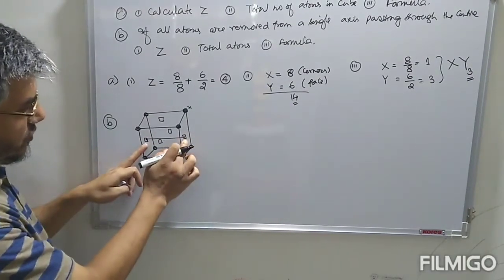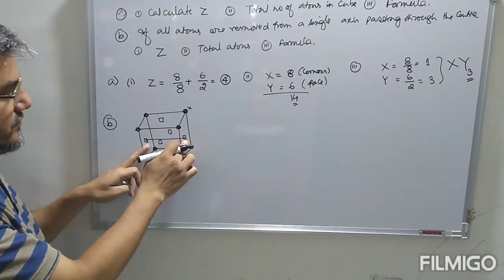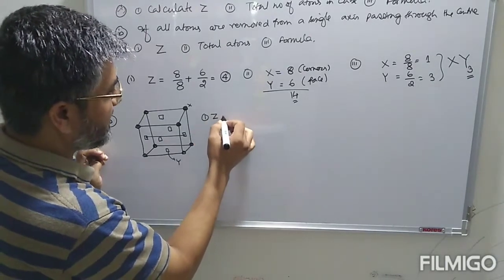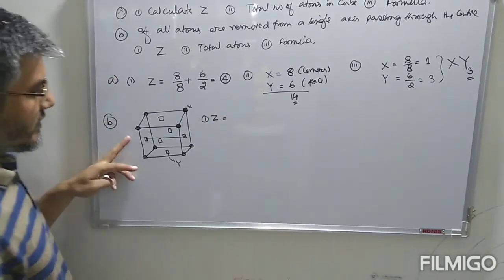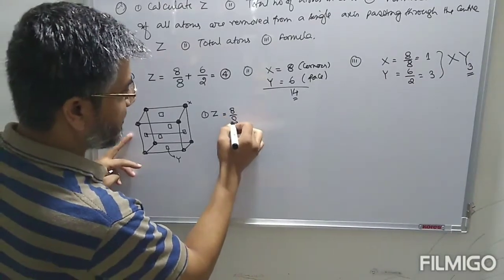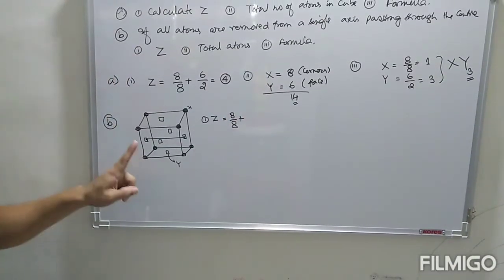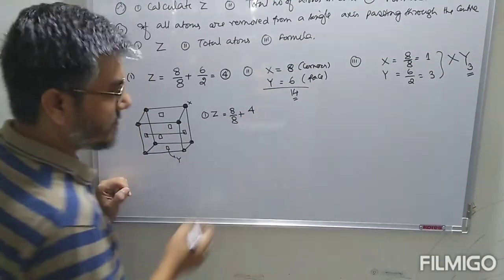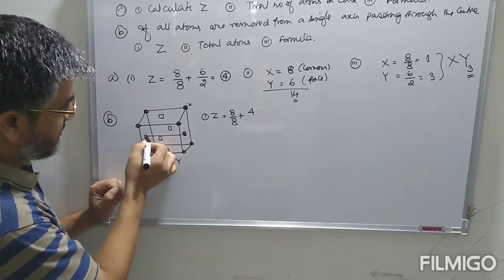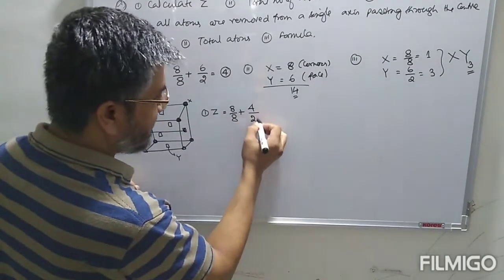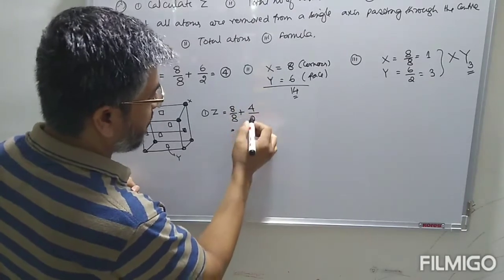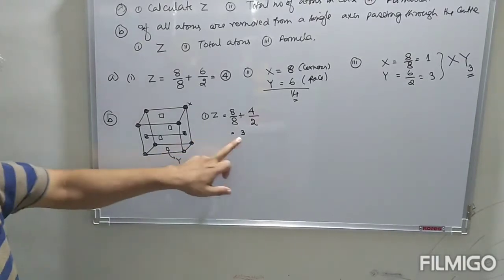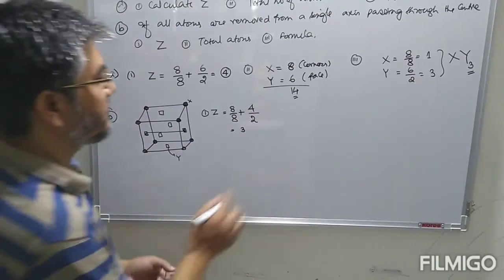It means we are removing two face center atoms on opposite faces. Then the number of corner atoms is 8, contribution is 8 by 8. The number of face atoms left is 6 minus 2, that is 4, because these are removed. The contribution is half, so we have 1 plus 2, 3 atoms. Effectively there are 3 atoms per unit cell.